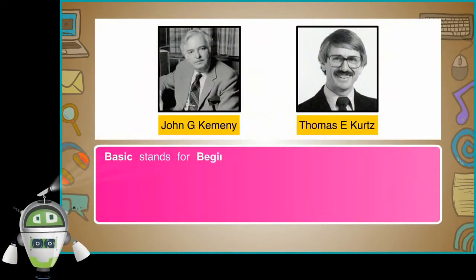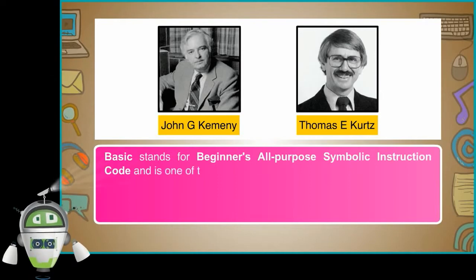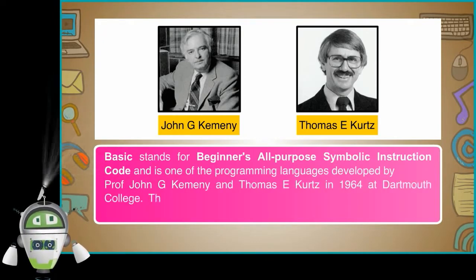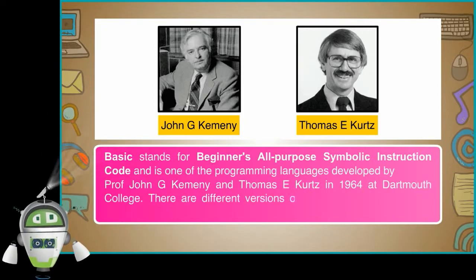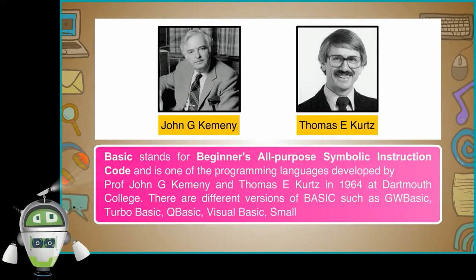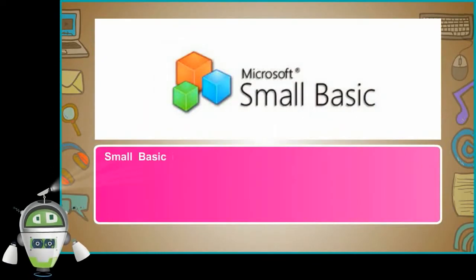BASIC stands for Beginner's All-Purpose Symbolic Instruction Code and is one of the programming languages developed by Professor John G. Kemeny and Thomas E. Kurtz in 1964 at Dartmouth College. There are different versions of BASIC such as GW Basic, Turbo Basic, QBasic, Visual Basic, Small Basic and many more. Small Basic is a simpler version of BASIC.